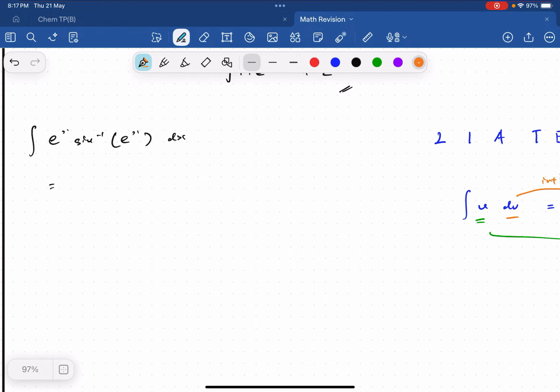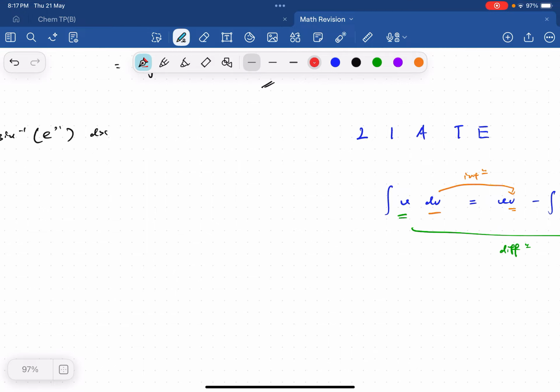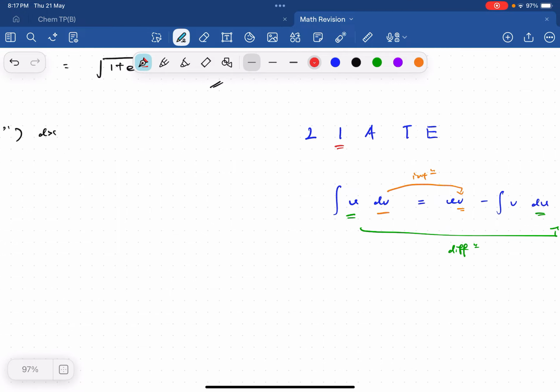So in this case, what is going to be my u and what is going to be my v? Remember, I have an inverse trig here, and then I have an exponential here.